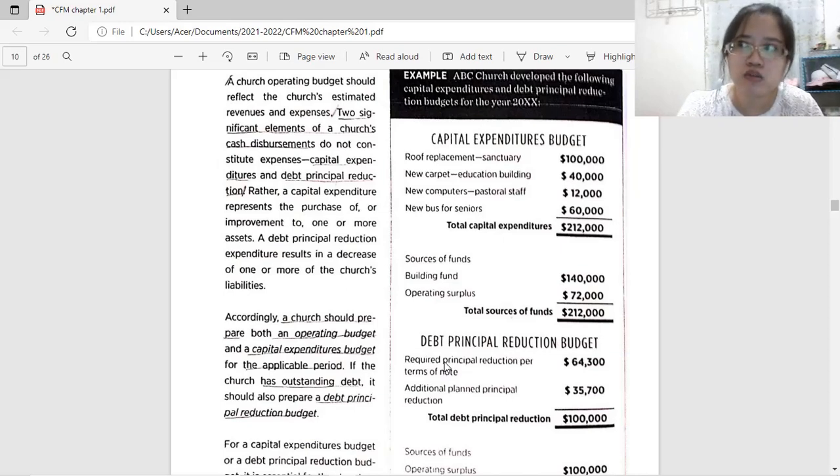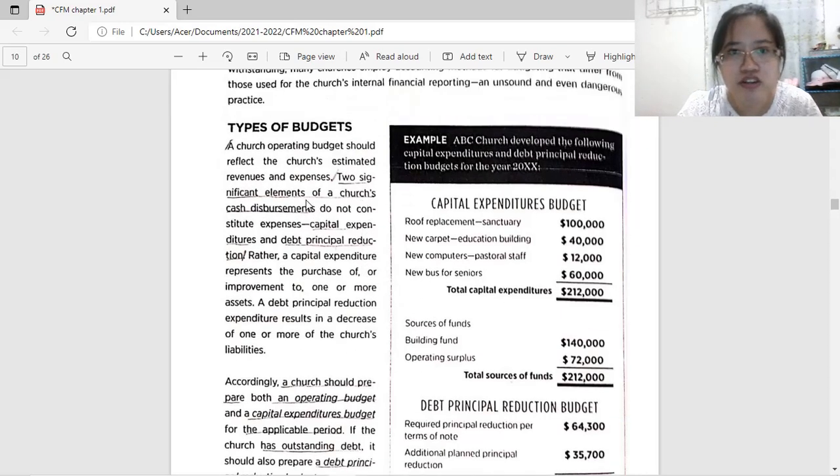But if they do, normally it's for building initiatives, or for major projects that they would need for their ministry. But there's a statement here: two significant elements of a church do not exactly constitute these two budgets. It's capital expenditures and then that principal reduction.